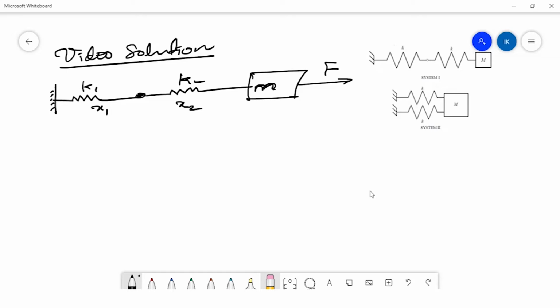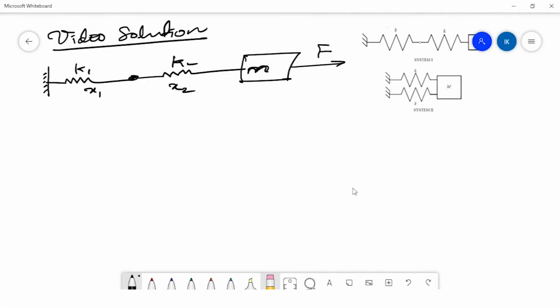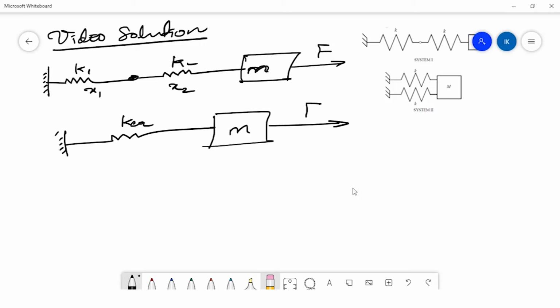Since they are connected in series, we can't say that x1 and x2 will be the same. But we'll assume there is another equivalent spring K equivalent attached to the same mass M, and we are applying the same force F.